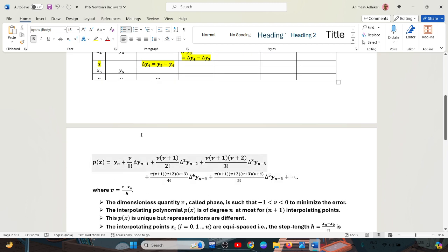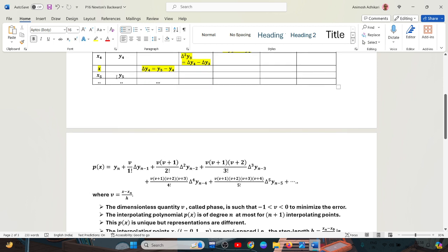This is yn, plus v by factorial 1 delta y(n minus 1), and v is (x minus xn) by h.